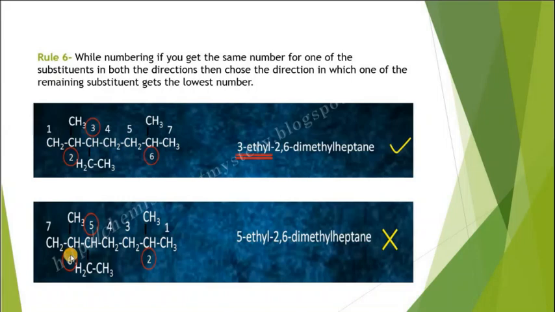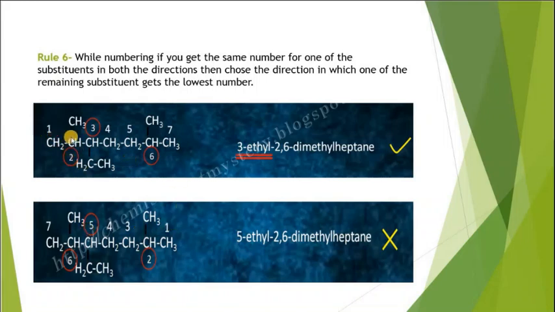So which numbering is to be followed? Now we have to see the other substituent. If one of the substituents is getting the same number from both sides, then see the other point of difference or the other substituent. The other substituent, that is the ethyl group, is getting number 3 if we number it from this side, and it is getting number 5 if we number it from this side. 5 is a higher number, so we don't have to choose this numbering system.